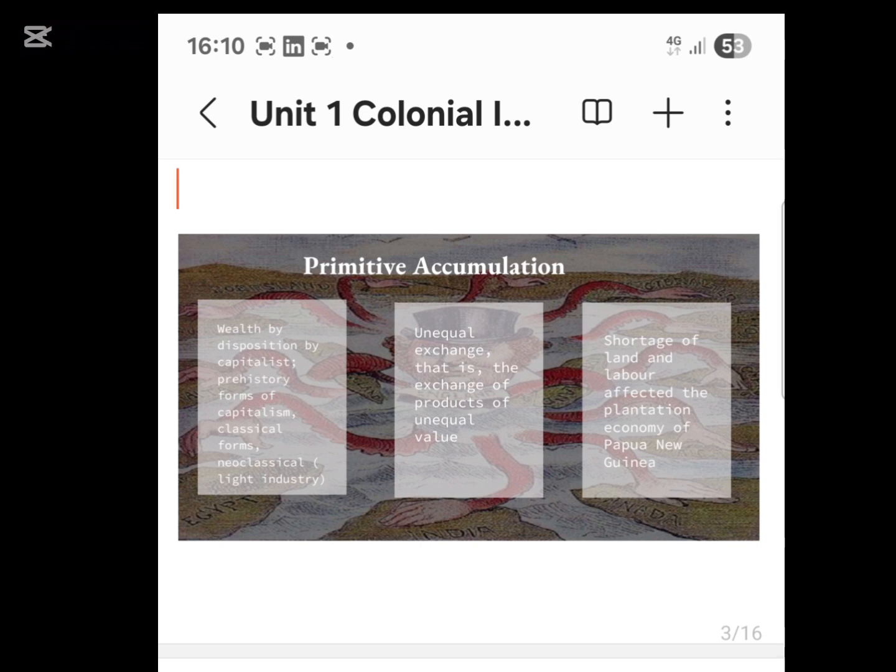So you can imagine the transaction will be unequal in terms of economic benefits. So the idea of primitive accumulation speaks about this unequal exchange or transaction of economic commodities.